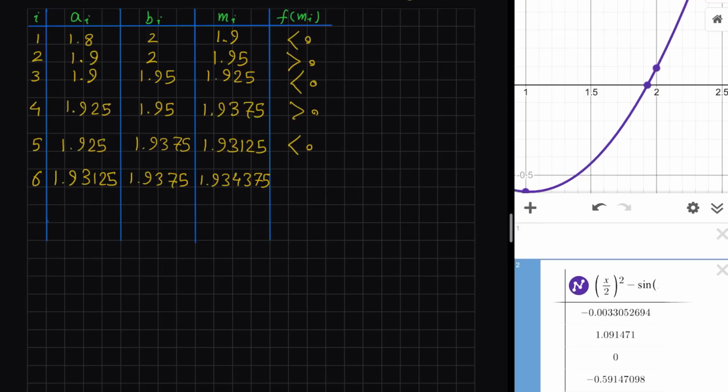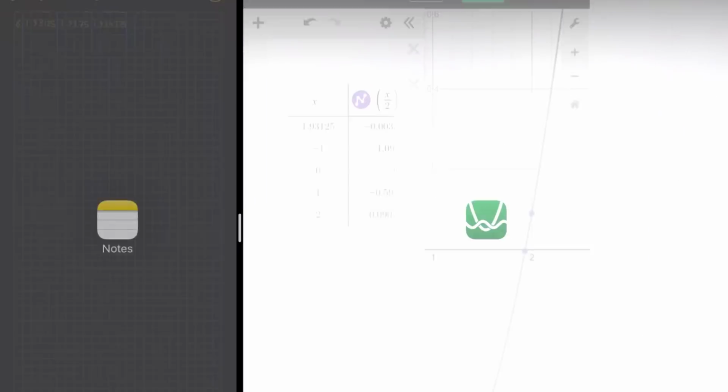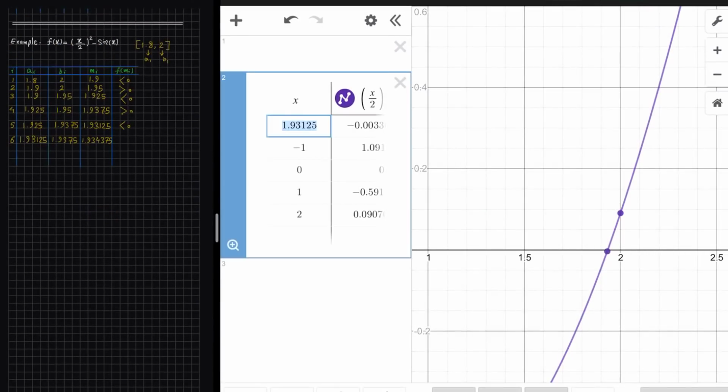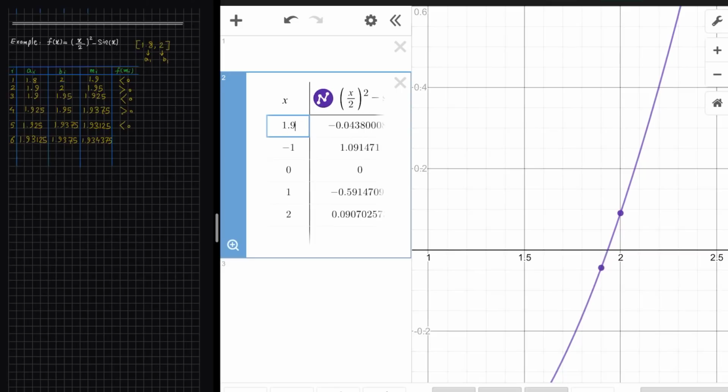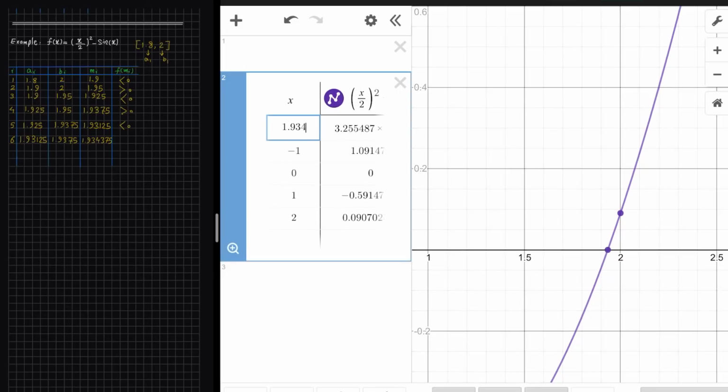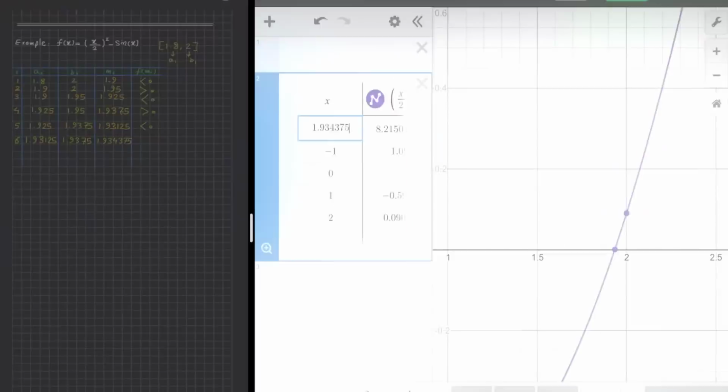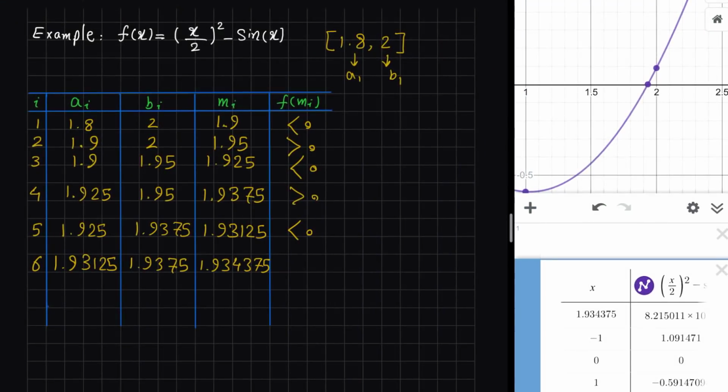Let's try the sign of f(x) at this new midpoint. 1.934375. It's positive. And for the next iteration, for the 7th iteration, it is going to be used for the second limit.